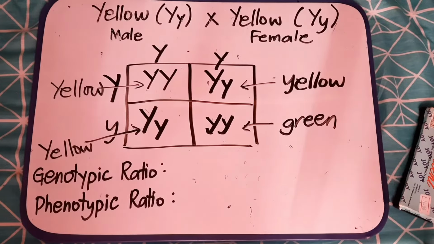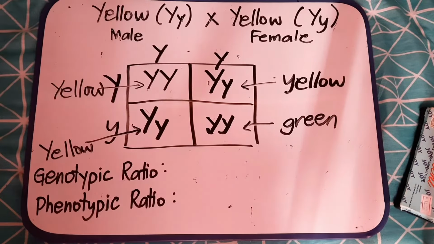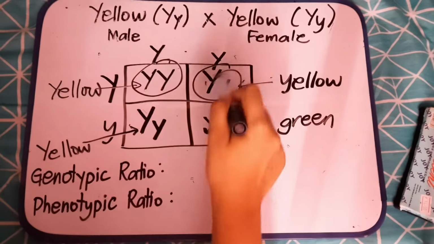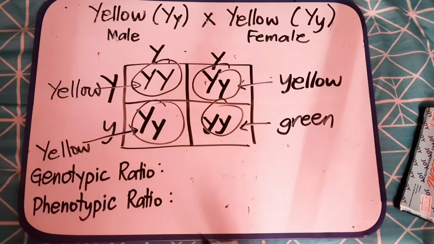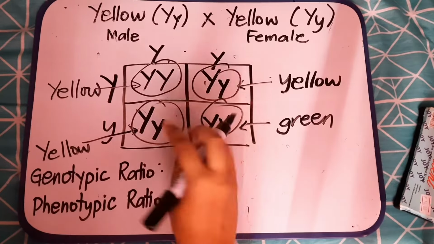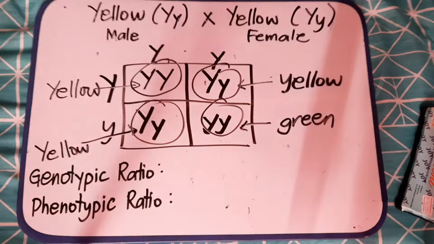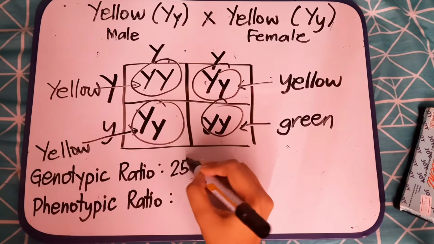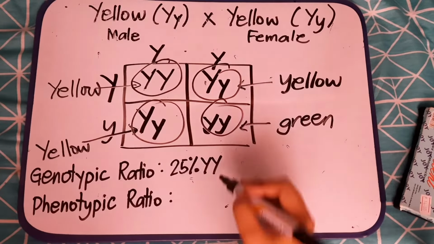Okay, let us now distinguish the genotypic ratio and the phenotypic ratio of the offspring. Sa genotypic ratio, titingin tayo dito sa mga letters na to. Ilan ba ang mayroong dominant na trait? Ilang percent yan? Syempre, binubuo yan ng 100%. Kung apat yan, 25%. So, we have here 25% na dominant yellow.